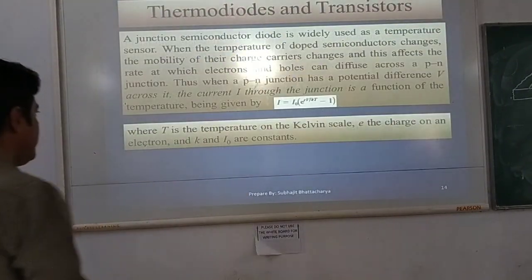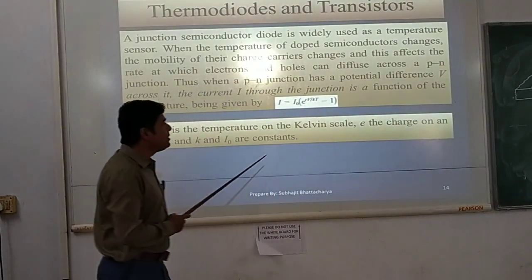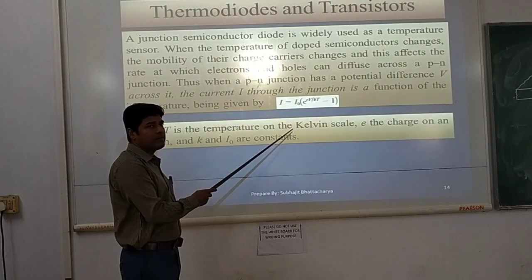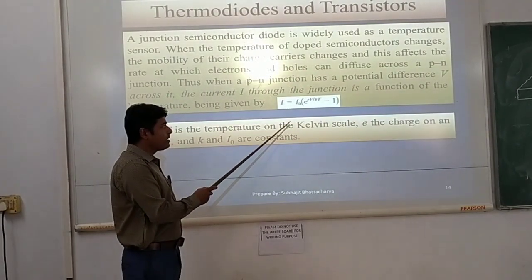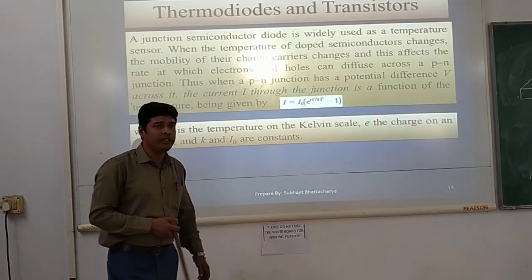However, this is a nonlinear relationship. If, instead of current, we take the voltage as the output, then we can make the relationship between voltage and temperature linear.